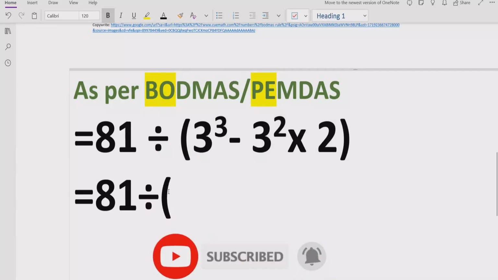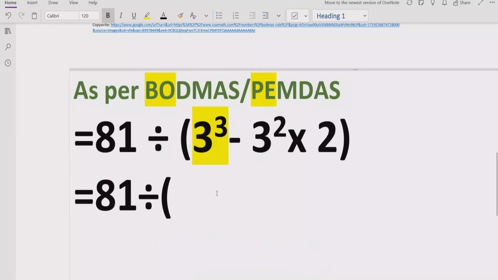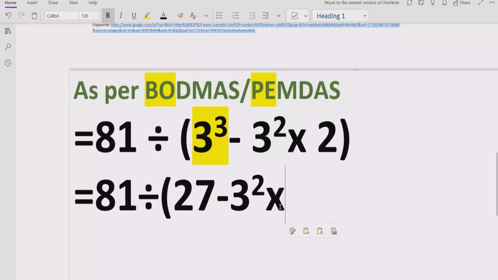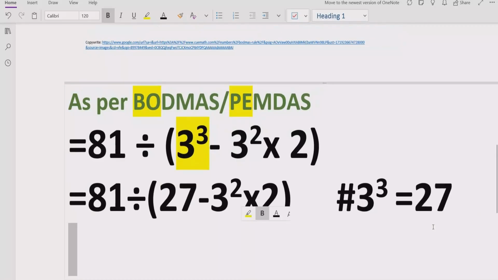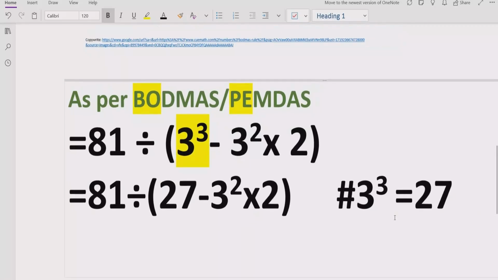First of all, we have to solve 3 raised to power 3, which becomes 27, minus 3 raised to power 2. Again, we write as it is, multiplied by 2. Here we give the reference: 3 raised to power 3 equals 27. Now move forward. Step number 1, we have solved.